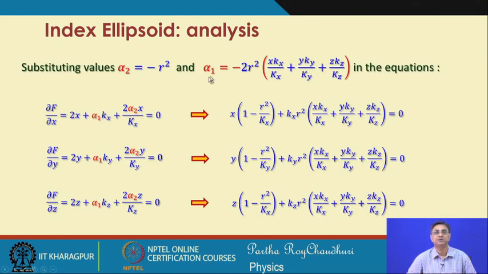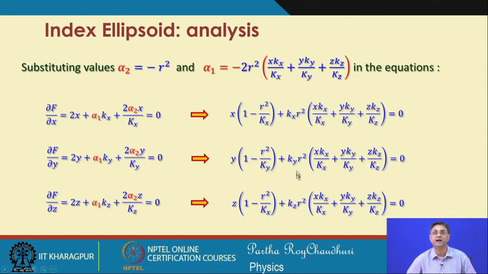Now, we substitute these values of alpha 2 and alpha 1 back into these equations. So, if we substitute in this equation, I will get this equation, and when I substitute in the second extremum condition equation, I will get this equation which is the y component, and when I substitute into this equation, I will get the third.